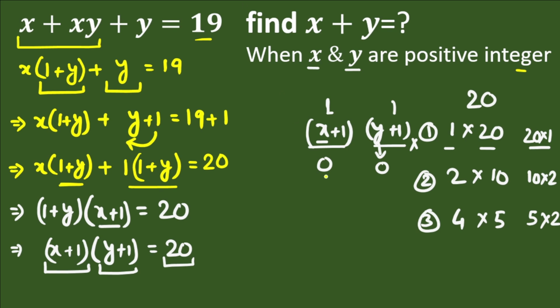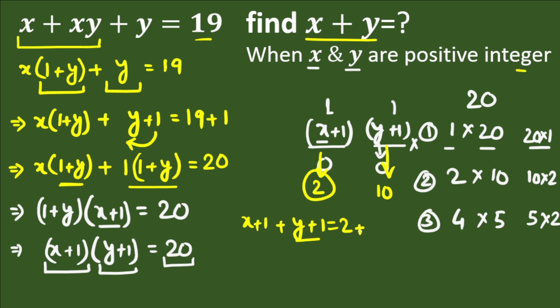Now for the second case, either x plus 1 will be 2 and y plus 1 will be 10, or 10 and 2. We have to find the value of x plus y combinedly. So we'll add the factors: x plus 1 plus y plus 1, where the values are 2 and 10.